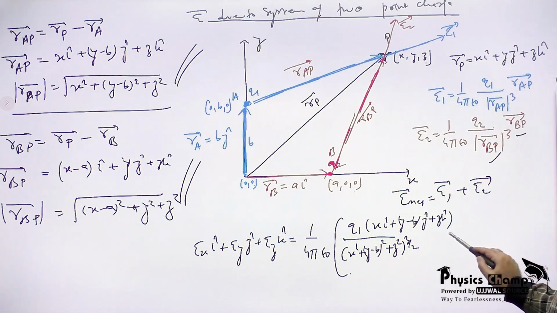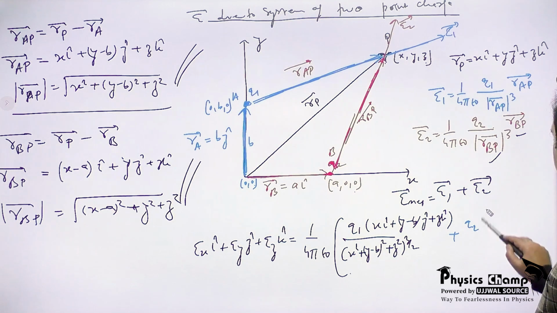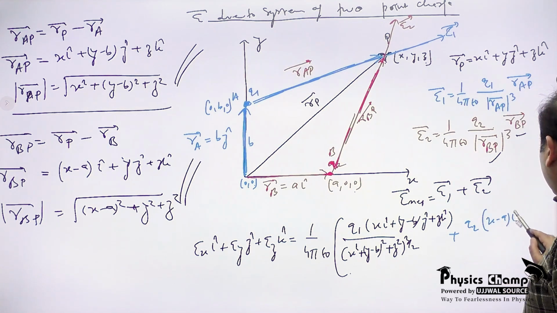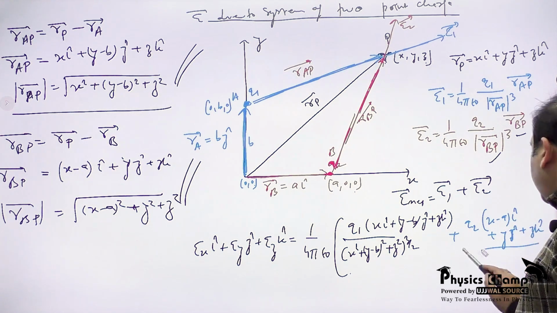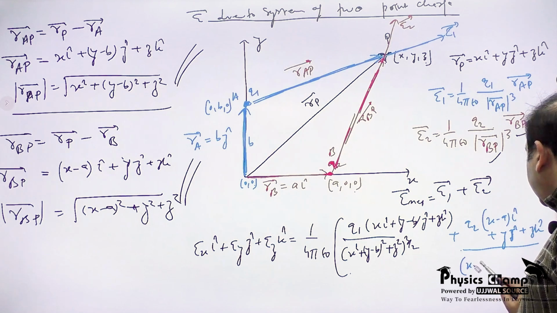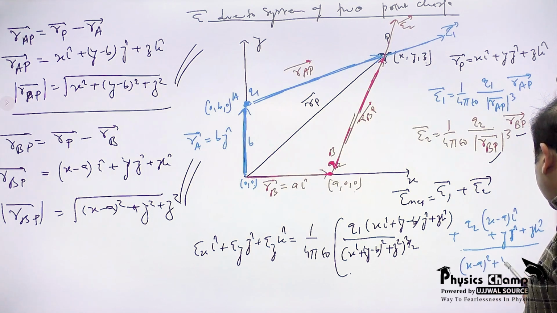Similarly, plus Q2 into (x minus a)i plus yj plus zk divided by ((x minus a) square plus y square plus z square) to the power 3 by 2.